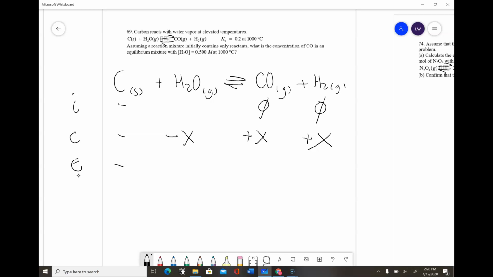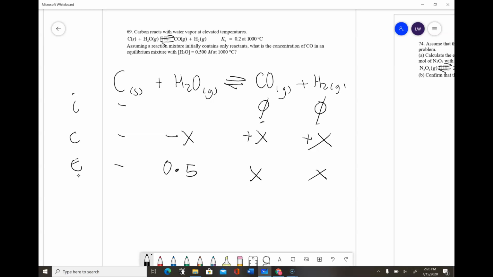It's impossible for it to move towards reactants because we don't have any of the products to react. So when this comes to equilibrium, we are told that the concentration of the water is 0.5, but we don't know anything about the concentration of the CO or the H2. So they're just going to be X.